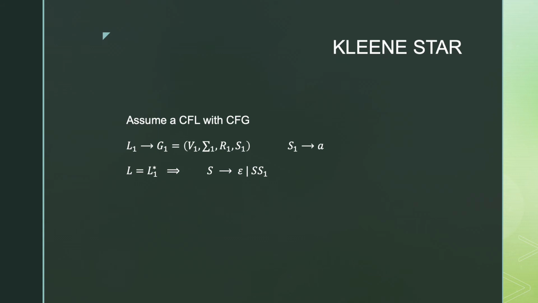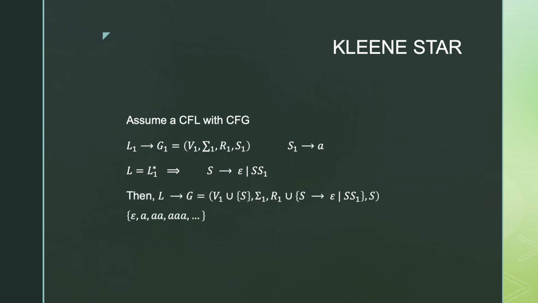Now what the S1 does is that it produces all the possible elements of the language, while the previous S or pre-appended S takes care of the Kleene star approach. So S can theoretically be looped recursively and produce any number of S1s.